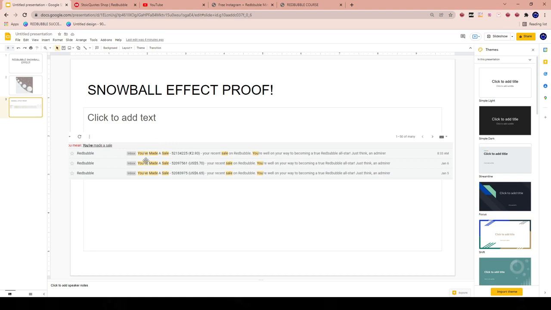Since I got 3 sales of that design, I'm going to go back and figure out how I can create some sort of variation or alteration, maybe change up colors, maybe change up the color scheme, maybe change up the font, maybe change up the design, anything so that the viewer of the end product will not only see the original design that has generated the sales, but will also see the new designs that I've created that are similar to it, that will pop up in the similar section because I'm going to add similar tags, and that way I get seen by more people for my newer designs.